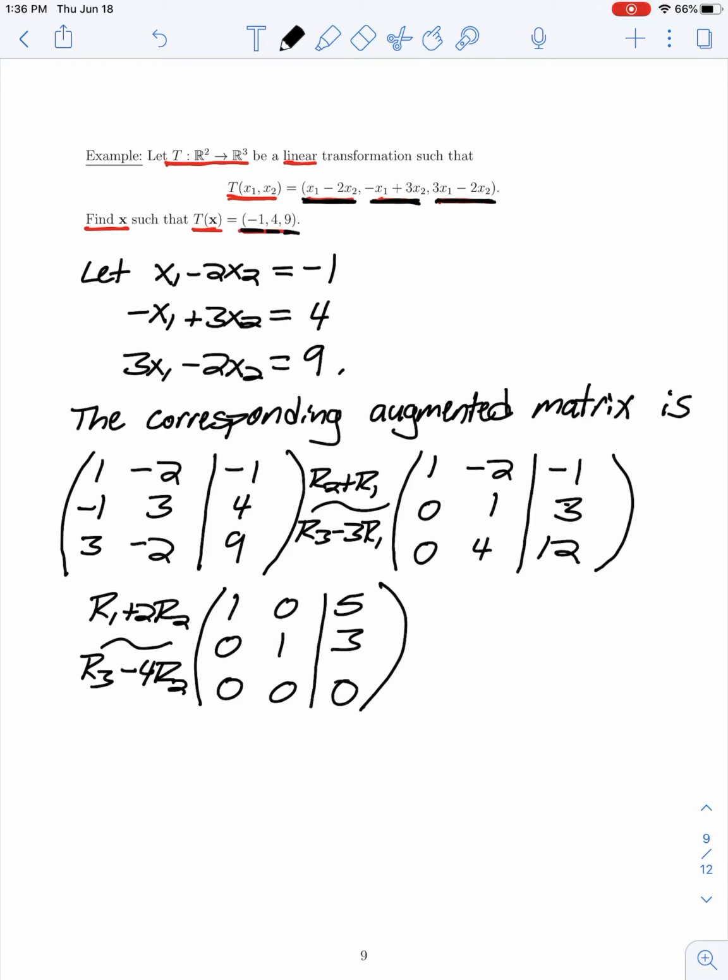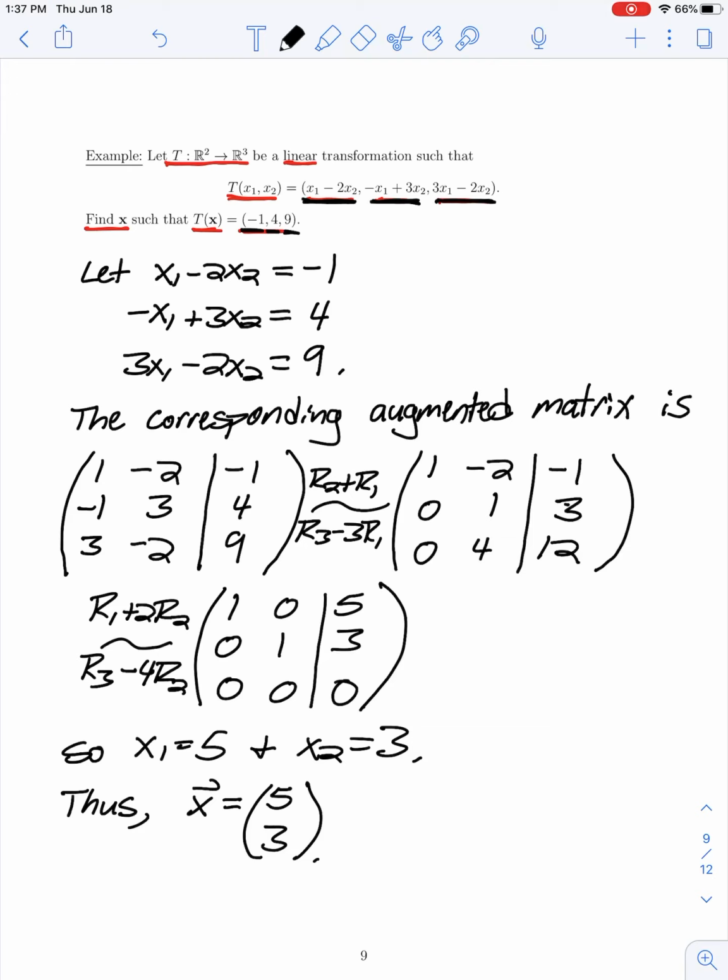So for our solution, using our first row, x1 is equal to 5, and using our second row, x2 is equal to 3. As a vector in the plane, x is (5, 3), and the image of that vector under this transformation gives us (-1, 4, 9).